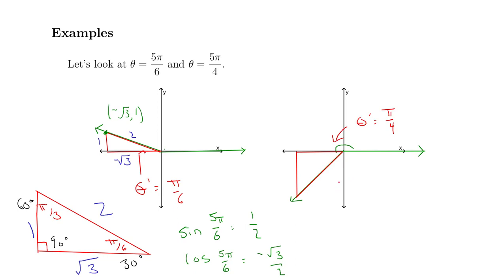Okay, so what we can do now is just draw this triangle off to the side. And again, we're going to notice that this happens to be one of our special triangles. I drew it too big, so let me get rid of this. There we go.